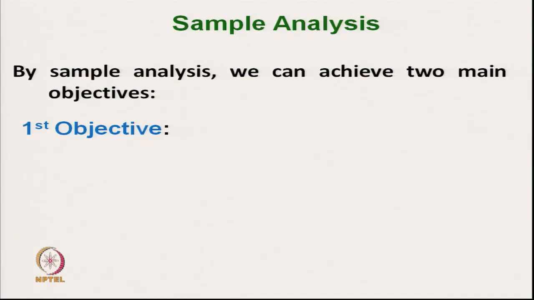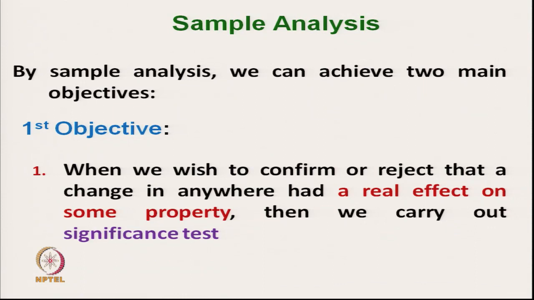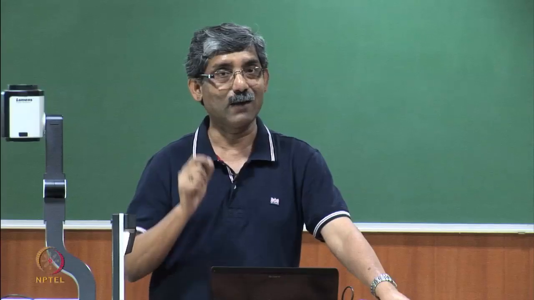The first objective is that when we wish to confirm or reject that a change has had a real effect on some property, then we carry out a significance test. So, for a significance test we have to take the sample.